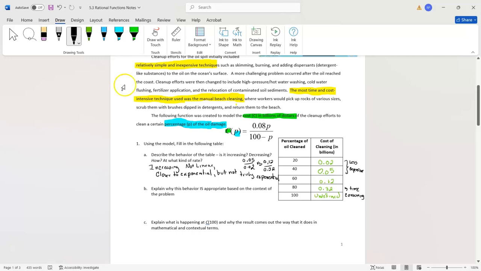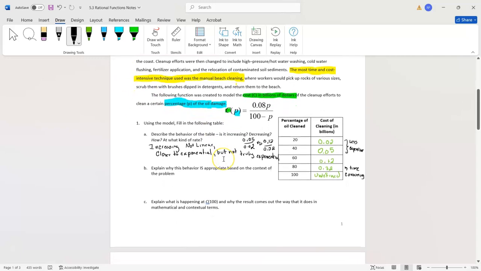All right, for part B, we want to look at why we get that C of 100 is undefined. When 100% of cleanup happens, we get an undefined cost, and we want this in both mathematical and contextual terms.